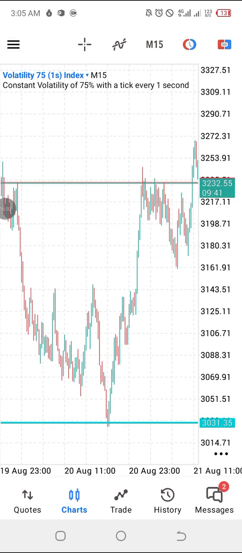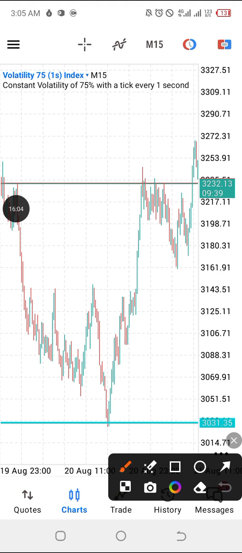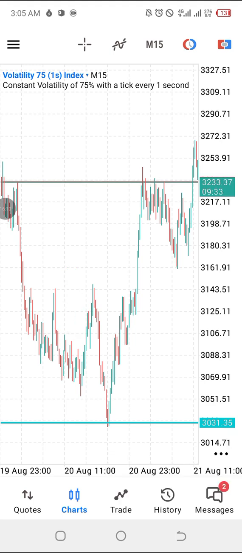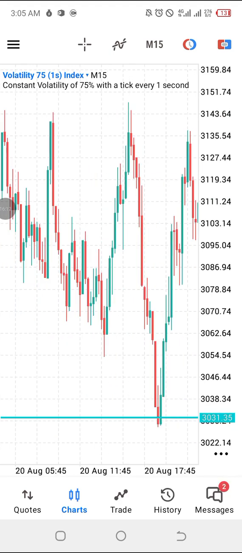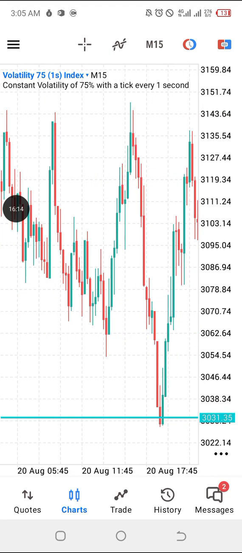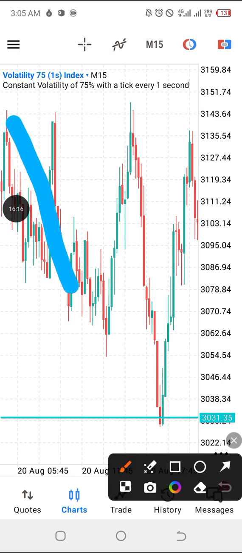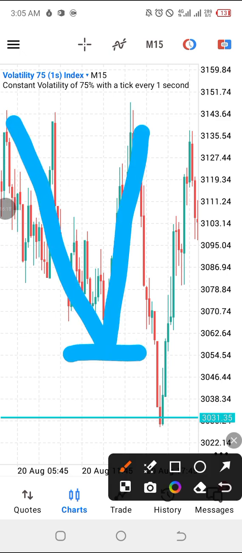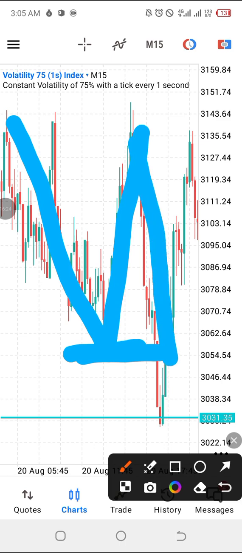So remember, look at this, initially it was selling down, it got here and went up. So here too is a demand zone, although it's not very strong. Then if you observe when price came down, it later went up.